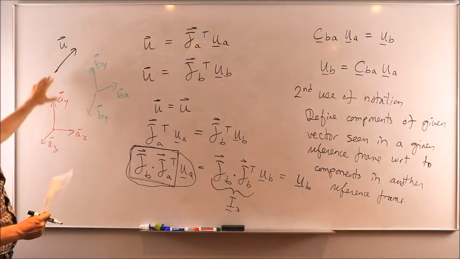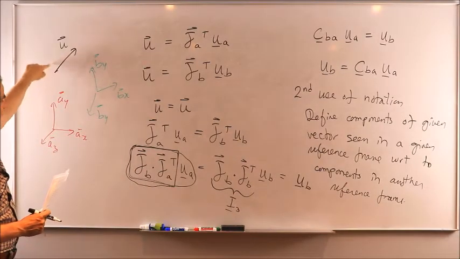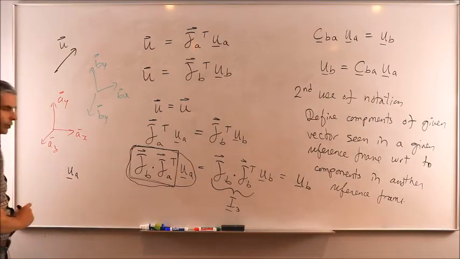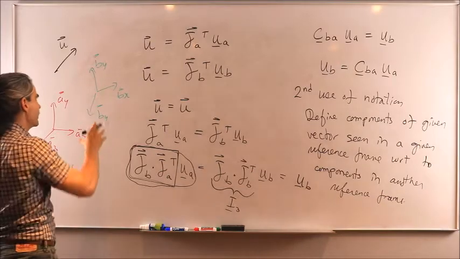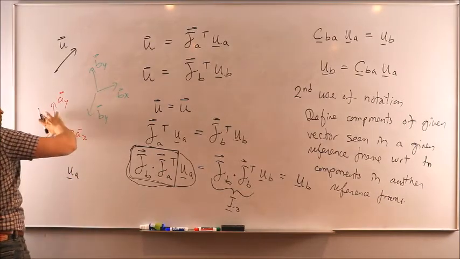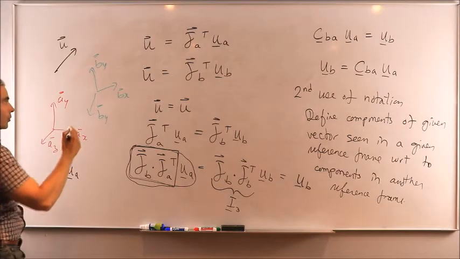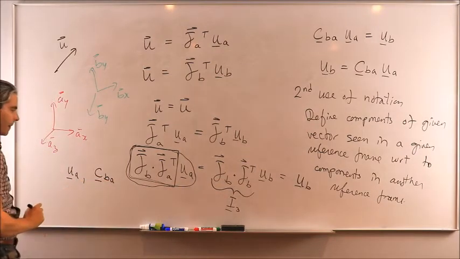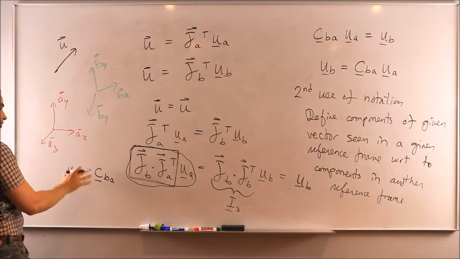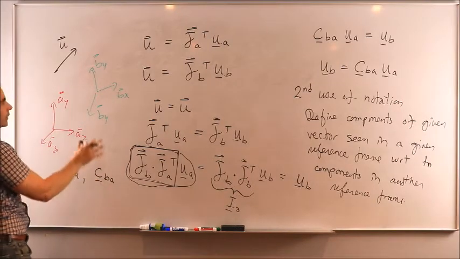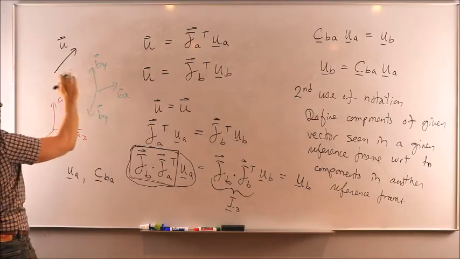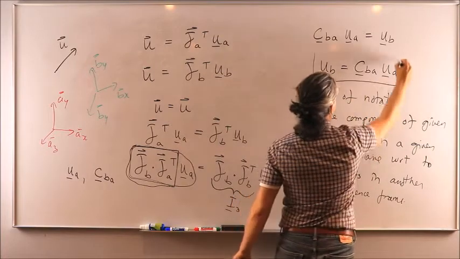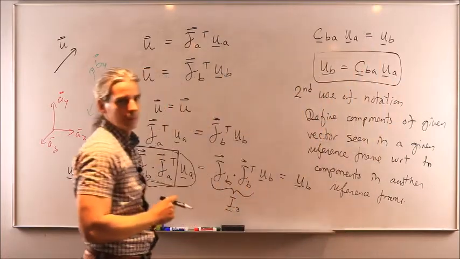if you have the components of this vector in reference frame A, or in other words, you have this information available to you, and you know the orientation of reference frame B with respect to reference frame A, or in other words, you also have this rotation matrix available to you. Well, if you want to determine based on those two quantities the components of the same vector but seen in reference frame B, all you have to do is to apply this very simple equation.